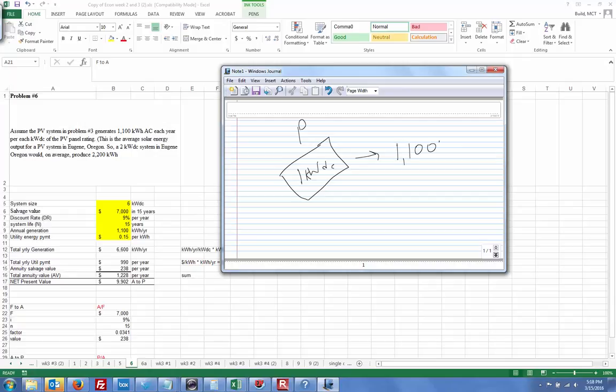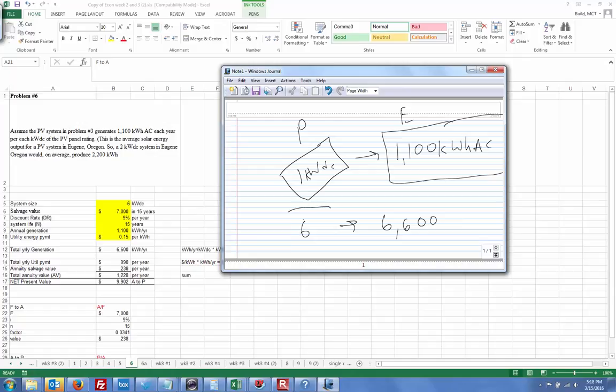1,100 kilowatt hours of AC per year. So you're actually going from power to energy. Yeah, and so if I had 6, it's going to go to 600. Exactly.